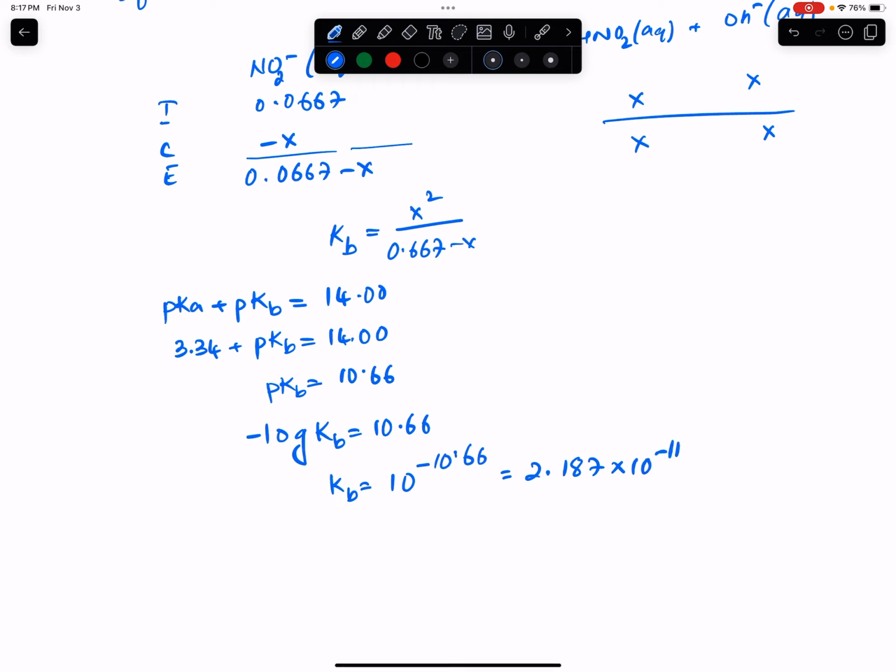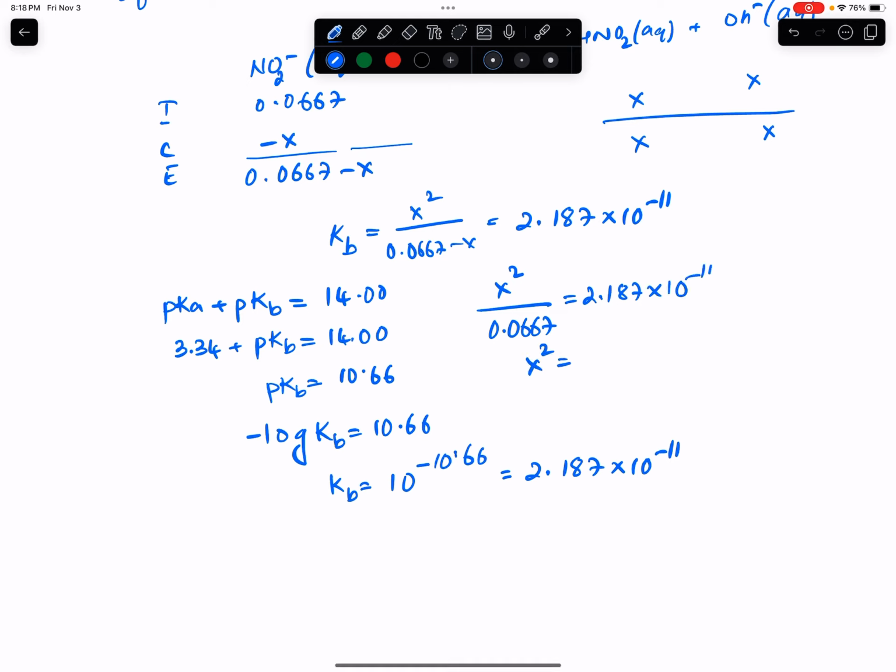So we'll just take this value and plug it in here and solve. We'll assume x is negligible here. So this becomes x squared over 0.0667.